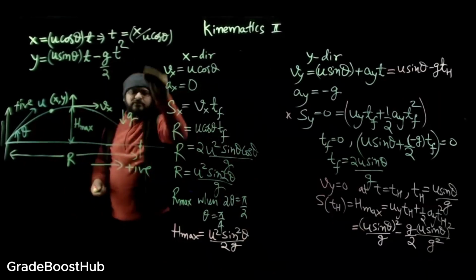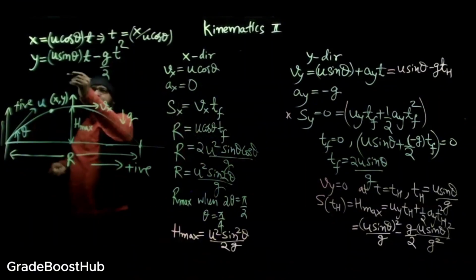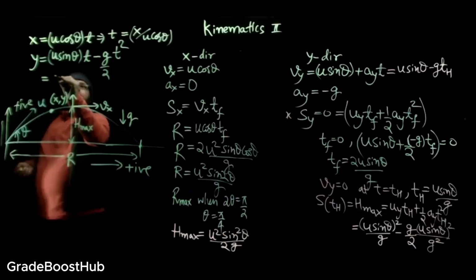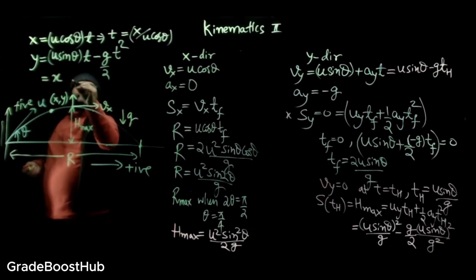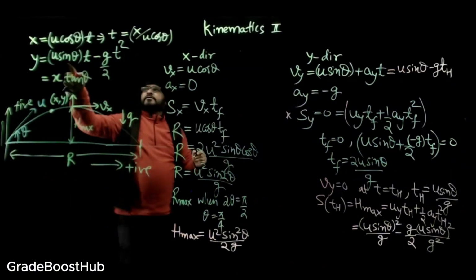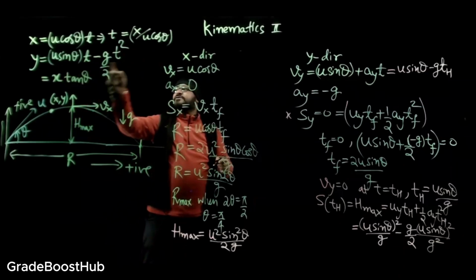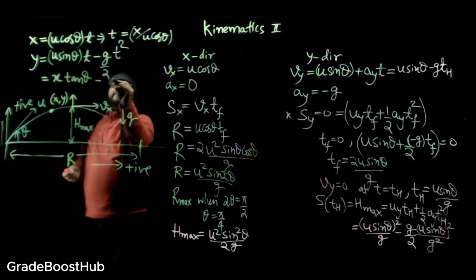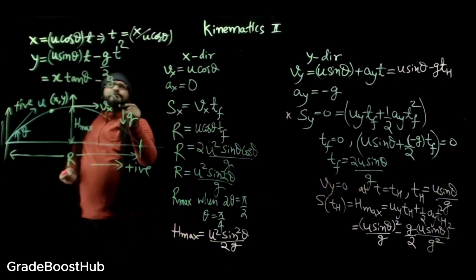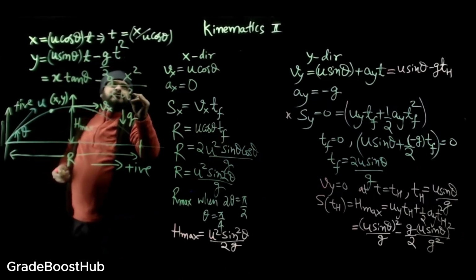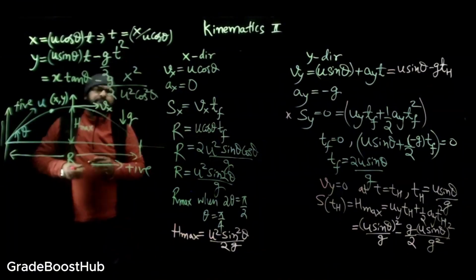Let's have a very quick look. It's just simple substitution. y will become x times tan theta, because this will be sine divided by cos, u will be cancelled, and x will be there, minus g by 2 times t square. So this will be x square by u square cos square theta.